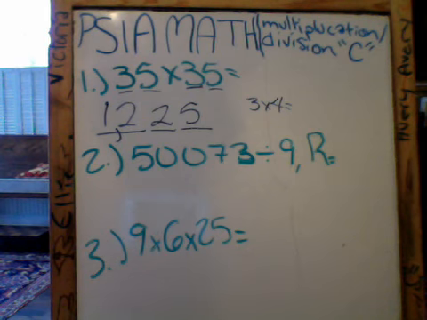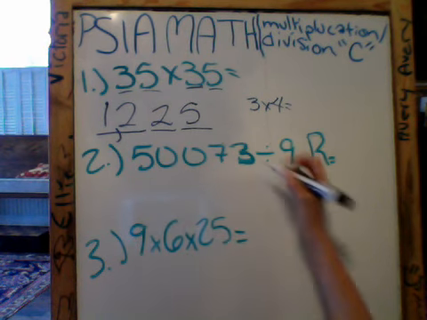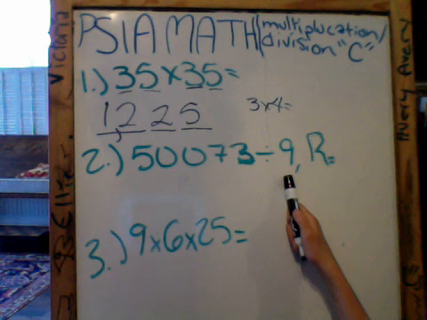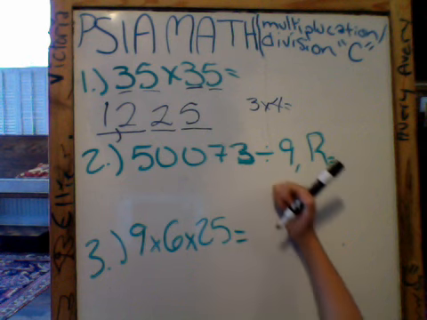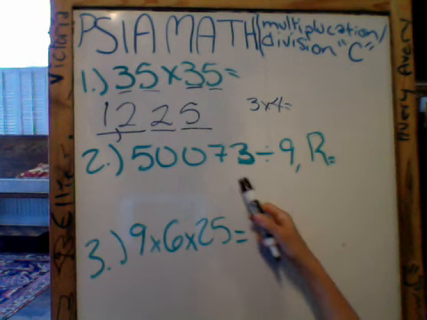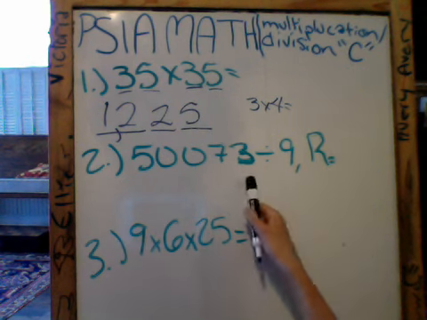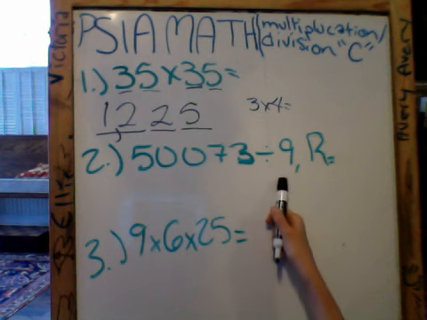Number 2. The remainder of 50,073 divided by 9 is what? Now, if you know your divisibility rules, this should be easy. Since it's a 9, it's almost like 3. You would add up all of your digits and then see if it is divisible by 9.